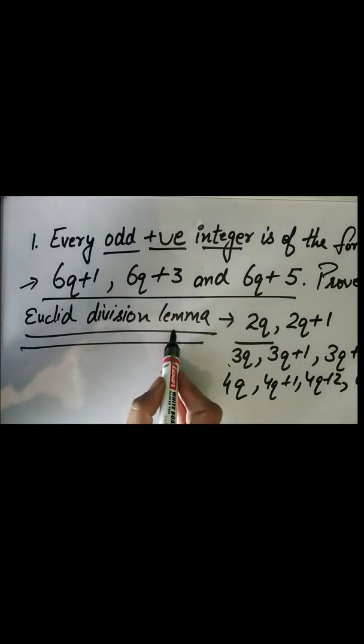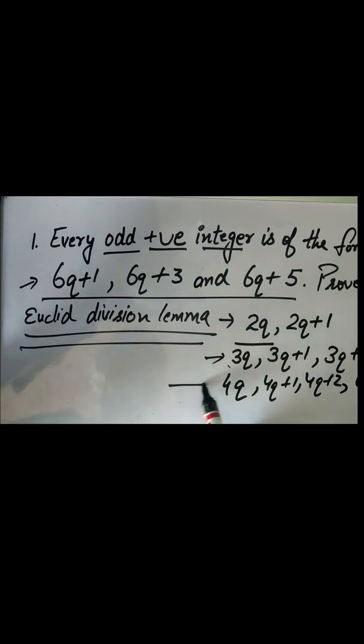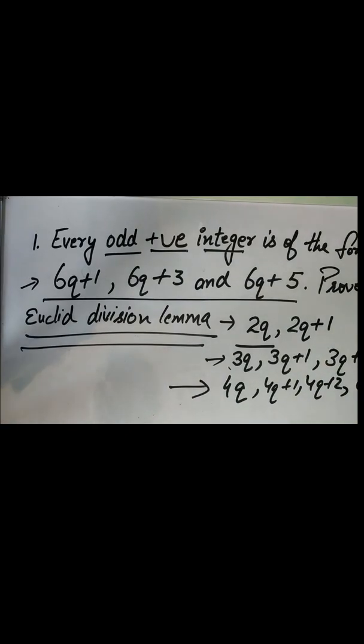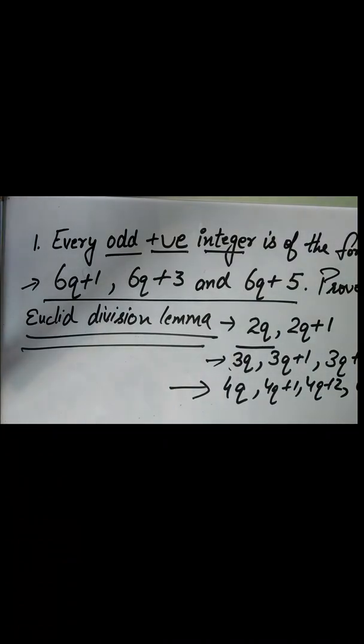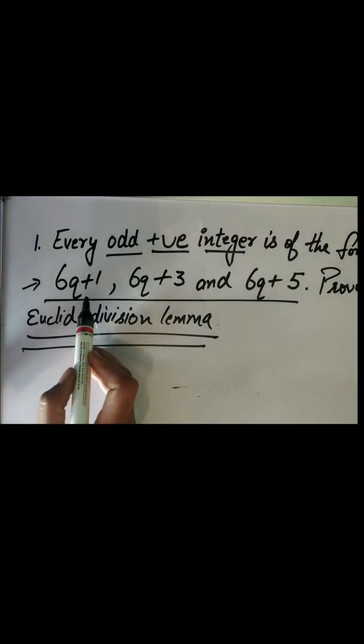Okay, so this was proposed by the lemma that all numbers can be expressed either by 2q plus 1, 3q plus 1, 3q plus 2, these 3 expressions, or by these 4 expressions, okay, or by 5q plus 1, meaning 5 expressions. So all the numbers can be expressed by these expressions. So I suppose now you are able to decode it.